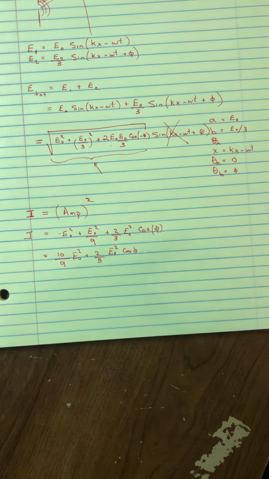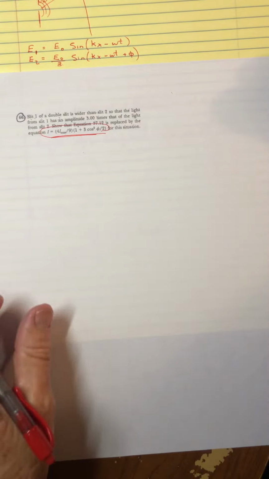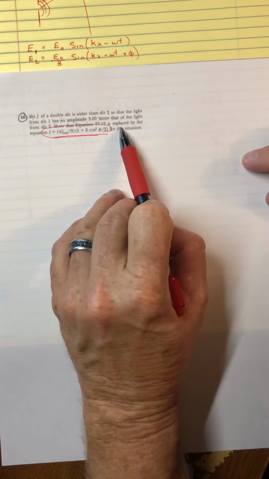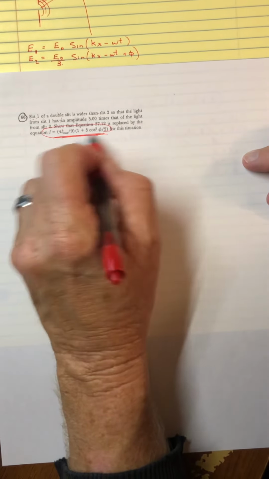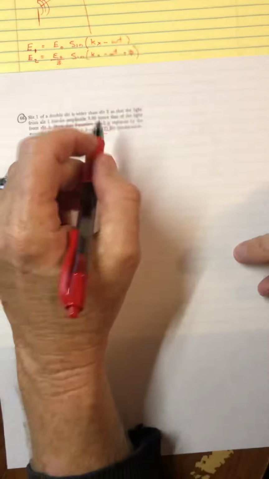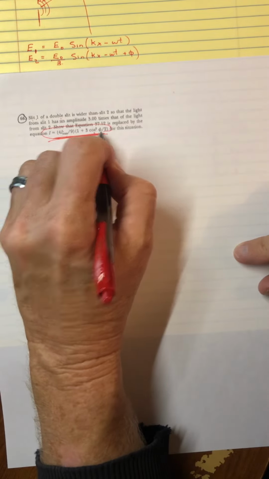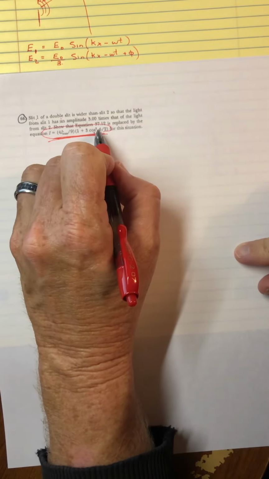However, the author says to show that it comes out to be this thing. And if you'll notice, it doesn't have a cosine phi. It has a cosine squared and has a phi over 2. So there's some kind of half-angle identity that they prefer.